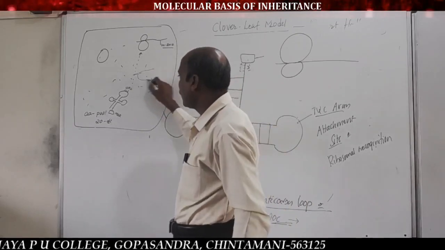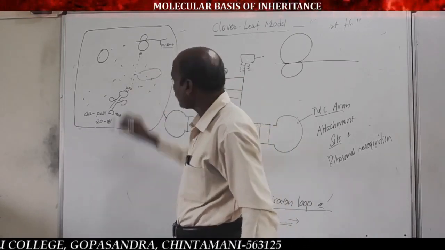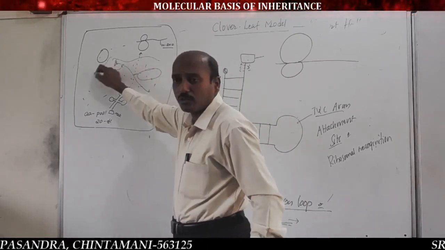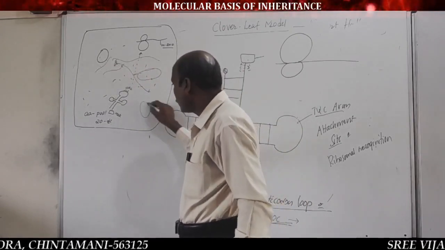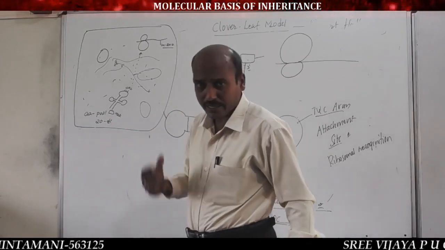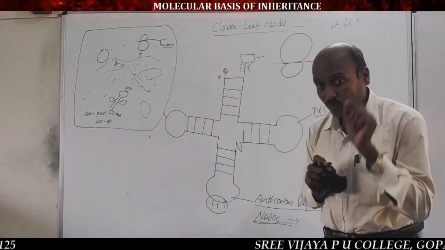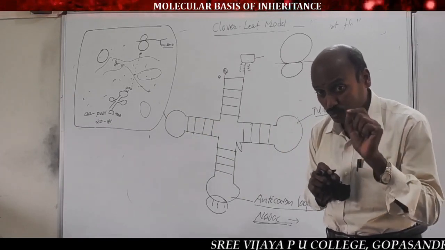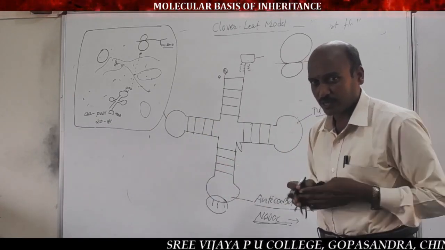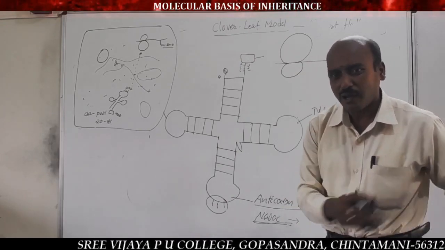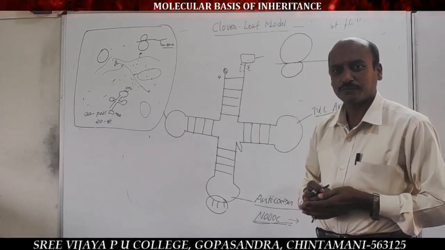Simple examples: mitochondria, centrioles, endoplasmic reticulum, lysosomes, Golgi bodies, etc. But here, the tRNA only enters the ribosome, never the mitochondria, the Golgi complex, or lysosomes, other than ribosomes.